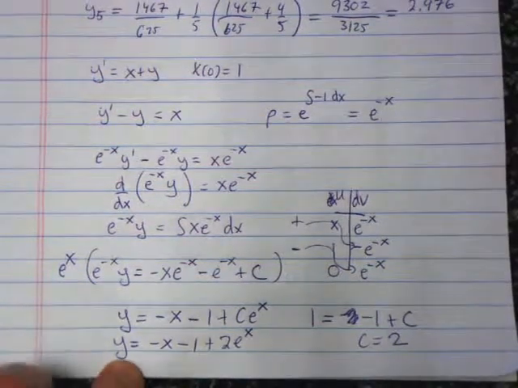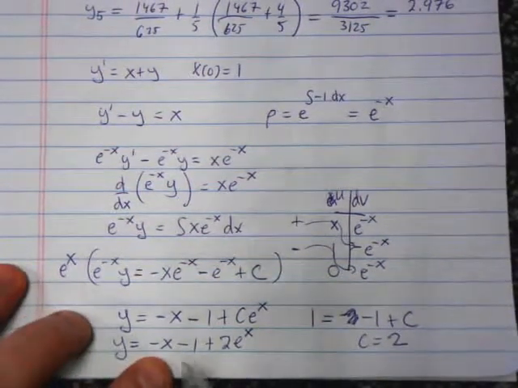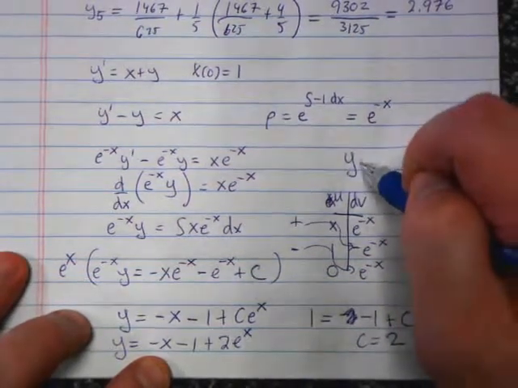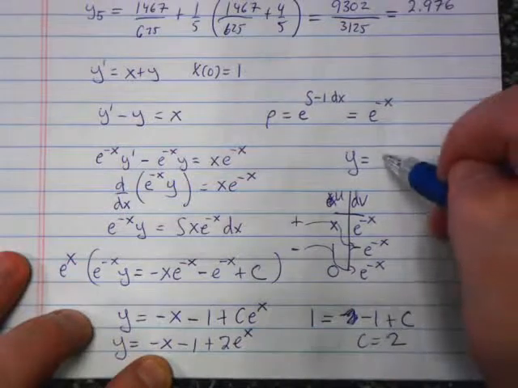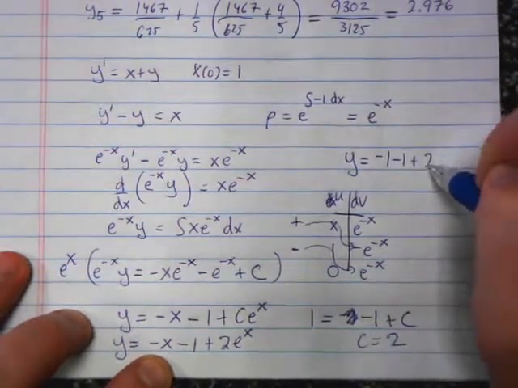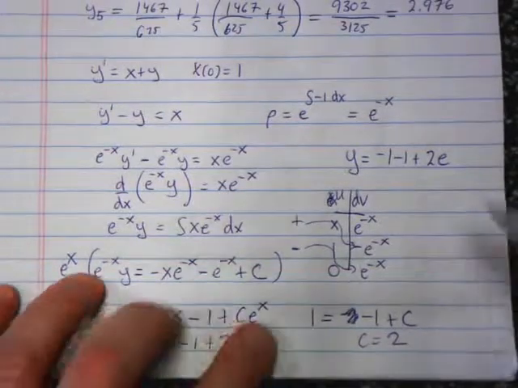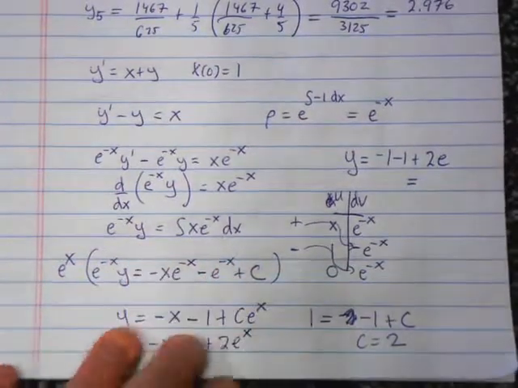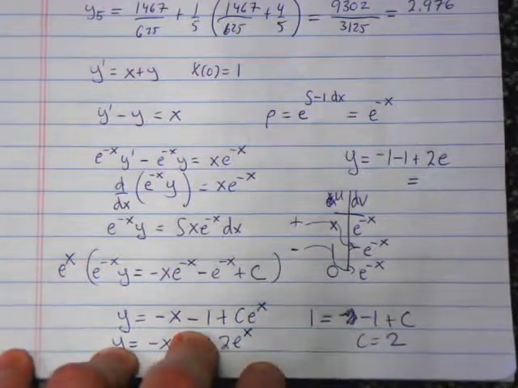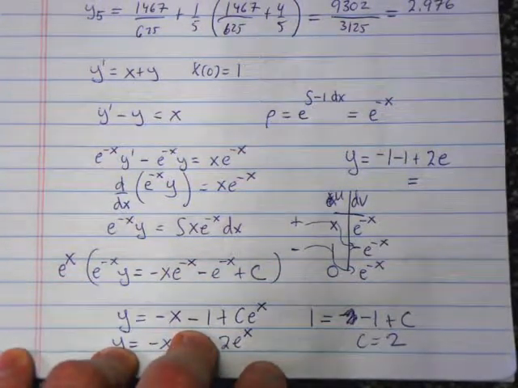So the exact answer should be, if I now want to plug in 1 for x, I should have y equals negative 1 minus 1 plus 2e. How much is negative 1 minus 1 plus 2e? 2e. Or no, it's negative 2 plus 2e.